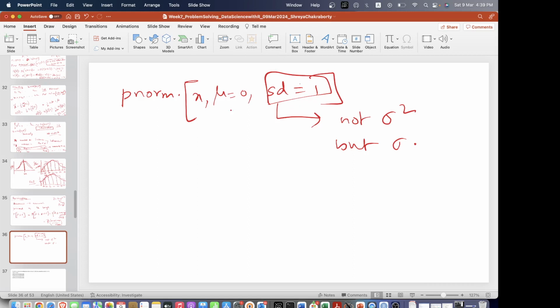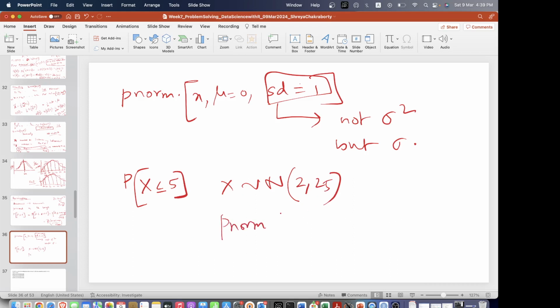But let's say I have been asked to find the probability x less than or equal to 5, where x follows normal(2, 25). I should enter pnorm x equal to 5, mu equal to 2, and SD equal to 5, not 25.